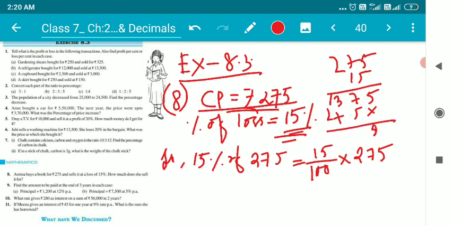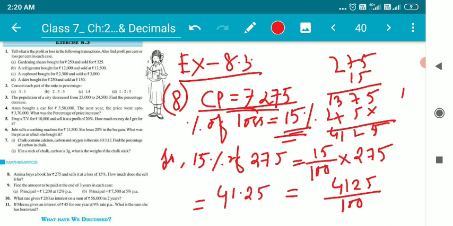So here is 5, 7 plus 5 is 12, 2 1 will be carried, 7 plus 3 is 10, plus 1 is 11, 1 will be carried, 2 plus 1 is 3, plus 1 is 4. 4125. 4125 divided by 100, what comes? It will be 41.25 rupees, the amount of loss she has made.